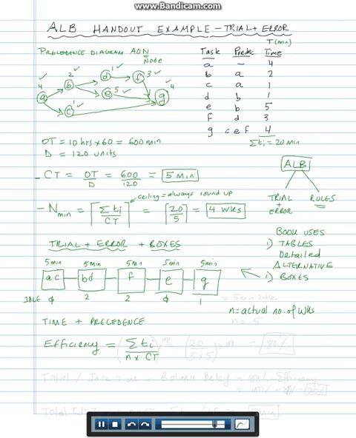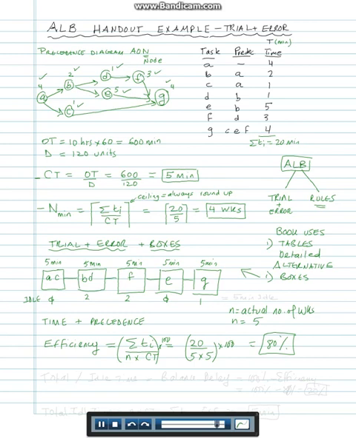So big N, min, was the theoretical number, and that was 4. But we ended up with an actual number of 5 workstations. So to calculate that, 20 divided by 5 multiplied by the cycle time of 5. And of course, efficiency, we want to make it a percentage, so we have an 80% efficiency. This line is 80% efficient.